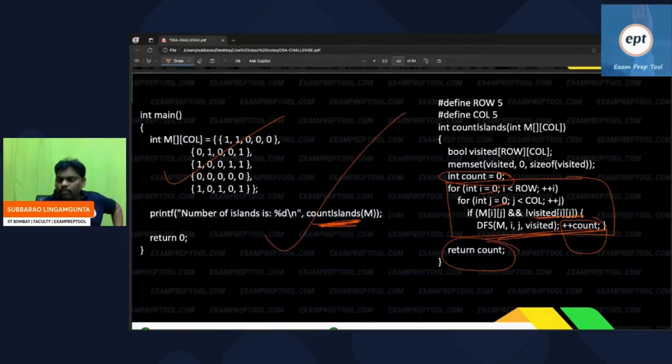Some rules and regulations. First of all, whoever you want to try, verify: is he 1? Yes. And is he not visited? Yes. Then you want to count it as an island and call DFS.